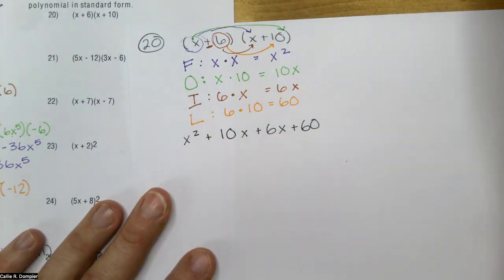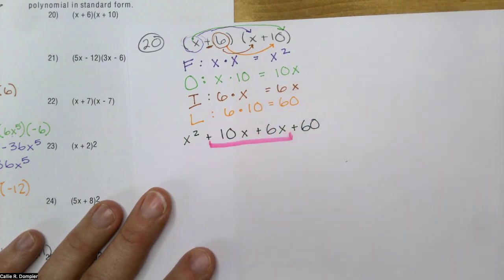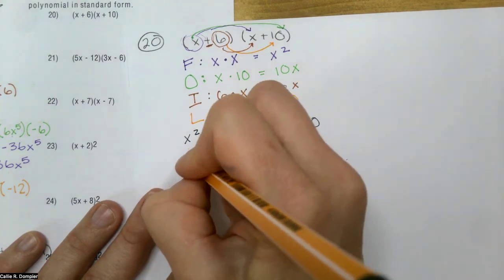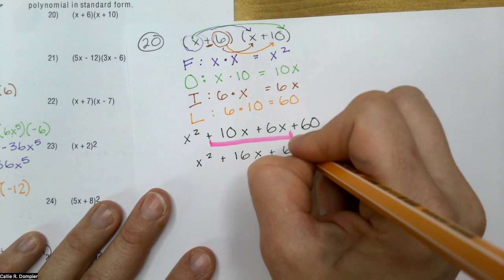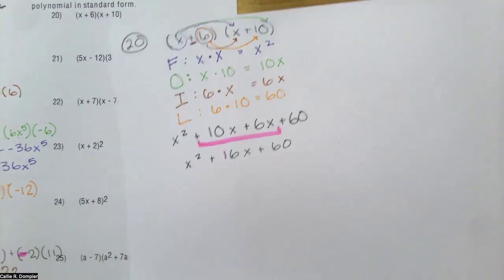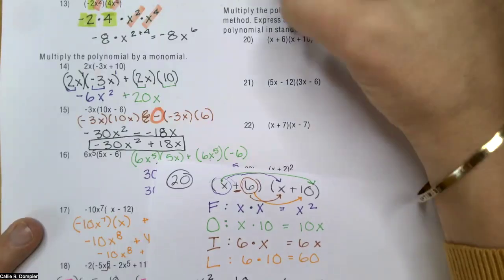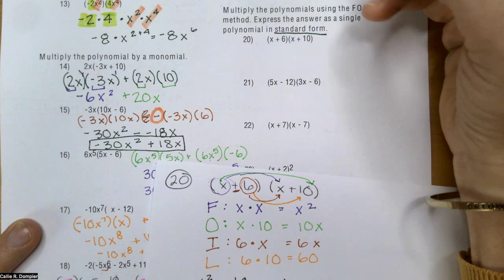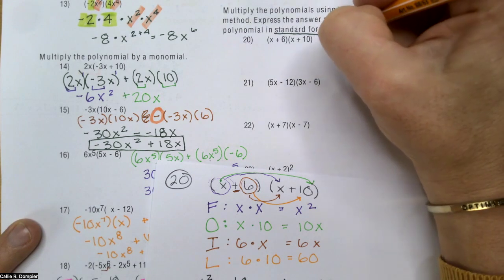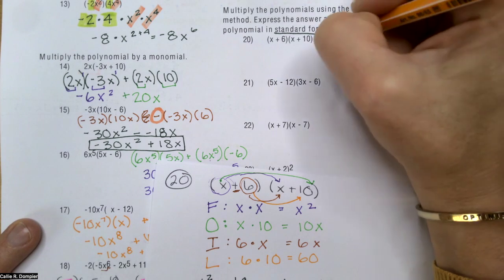Now you just combine like terms if you have any. In this case, we have positive 10x and positive 6x are like terms. So we have x squared plus 16x plus 60. And you're done. This is a single polynomial in standard form. Standard form means degrees in descending order.